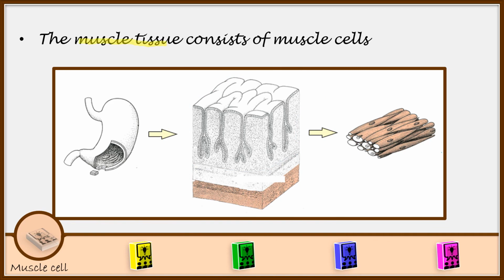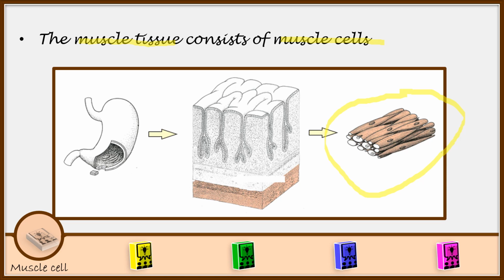The muscle tissue consists of muscle cells. Here we have our muscle tissue. This is our muscle tissue. But a tissue is made up of a collection of cells.